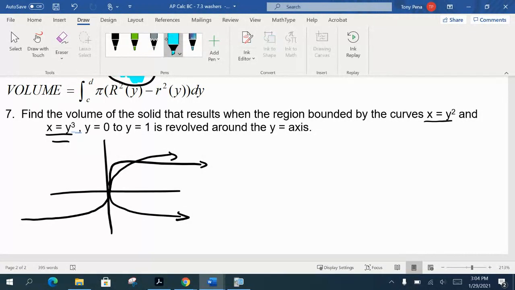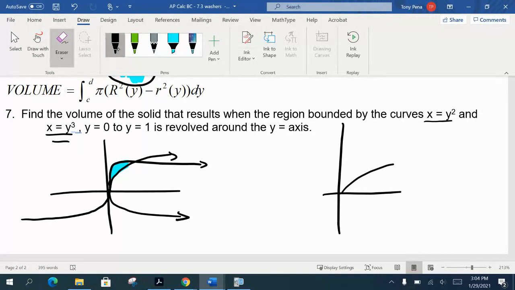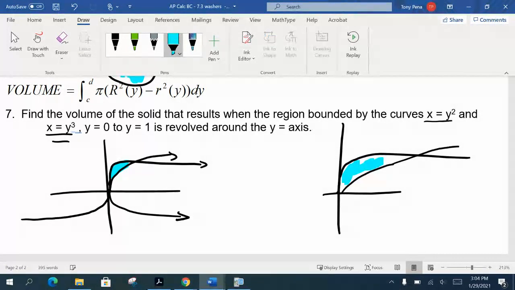So it's actually a really tiny little area. So this is our area here. I'm going to then make this bigger just for the sake of what we're doing. So here's our parabola. And then the cube graph does this. Okay.